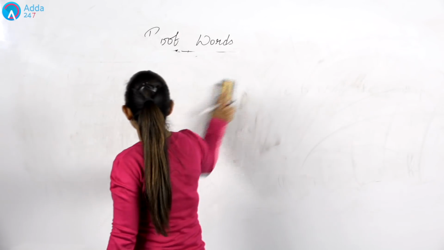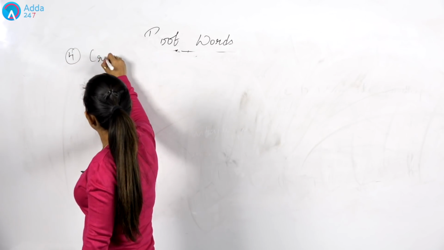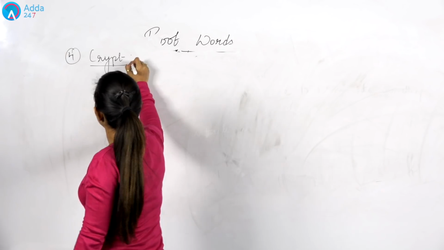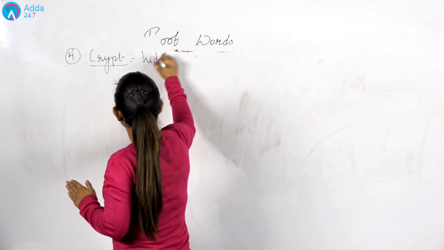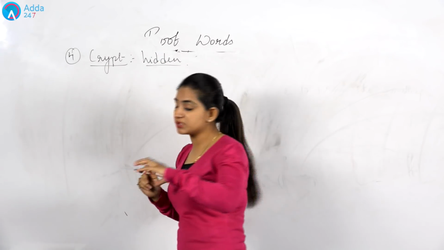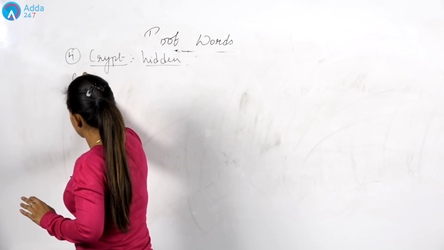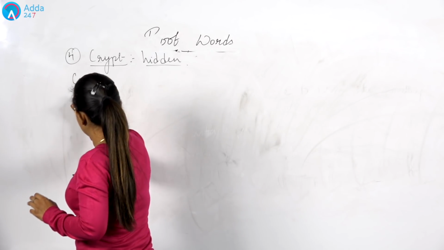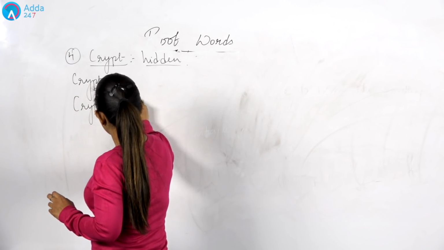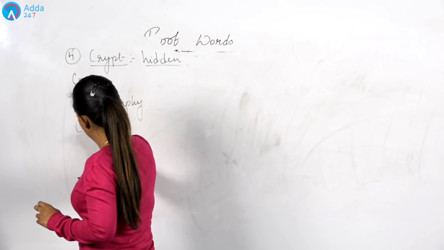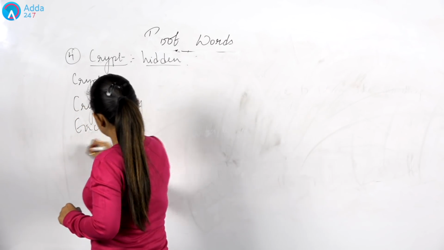Moving further, we have some more root words and the fourth one is crypt. Now see, you must have read about this word. Crypt means something which is hidden. Something which has its meaning hidden, that is what we mean by crypt. For example, we say cryptic, we say cryptography, we say encrypt, we say cryptogenic.